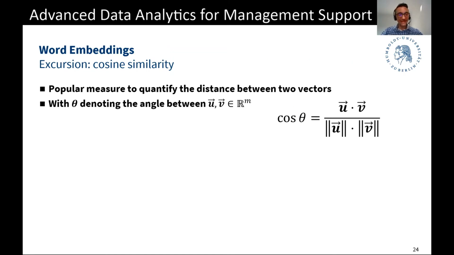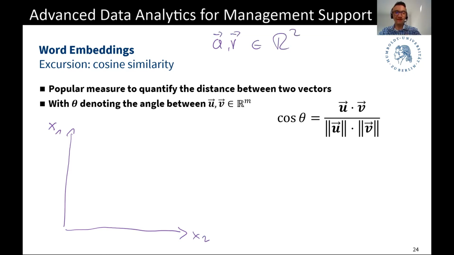If you imagine that a vector is essentially just a bunch of numbers, you can interpret a vector of some dimension as a line from the origin of your space to that point. So let's say we have two dimensions. This is x1 and this is x2. So our vectors are u and v, and we assume they live in R2.